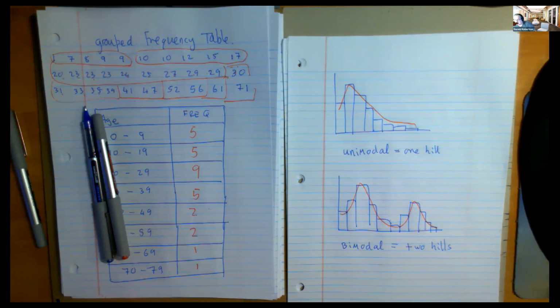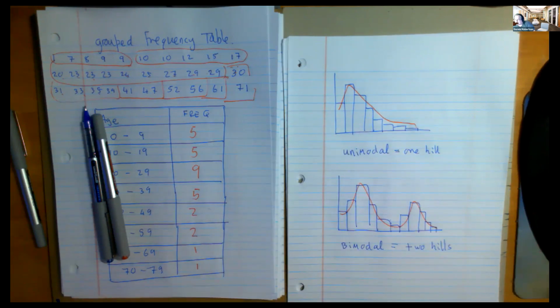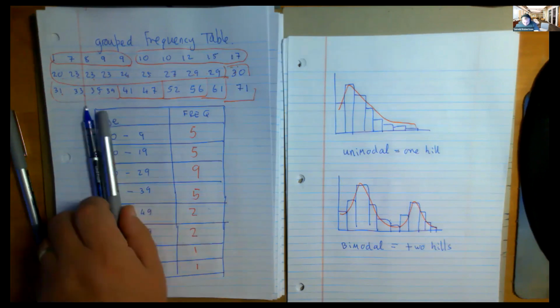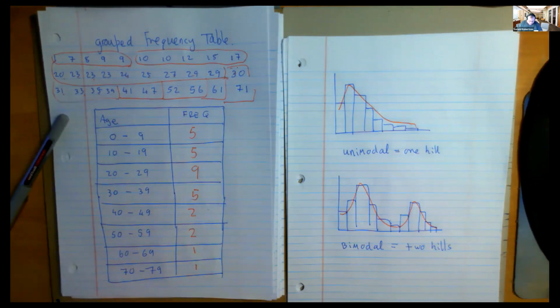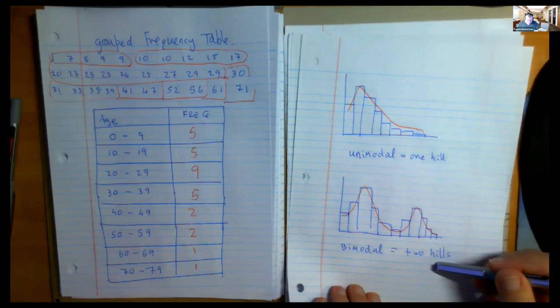Do we just keep naming them, like trimodal or quad modal? Nah, we don't. We just say it's multimodal. I don't even think they've got a multimodal, so I wouldn't worry too much about that term. But unimodal and bimodal are very common. So that's one feature that a histogram can have: unimodal, bimodal.